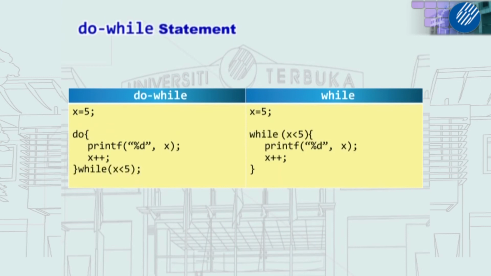In do while, printf statement will be executed first, even though the condition is false. But in the while statement, there is nothing to be printed out because the condition is tested first and the value is false. What about comparison between for statement and do while statement? Discuss this issue with your tutor.